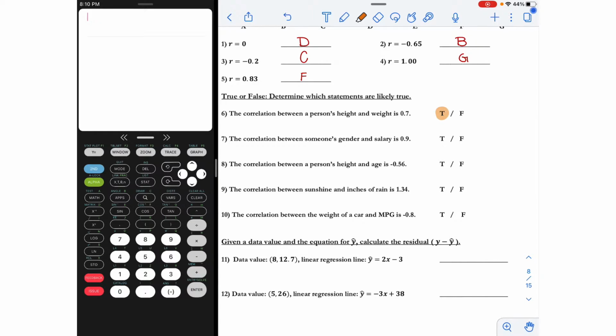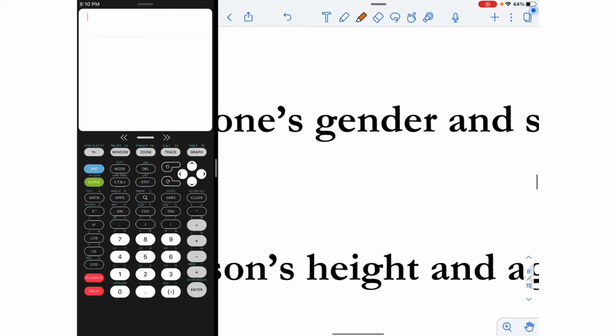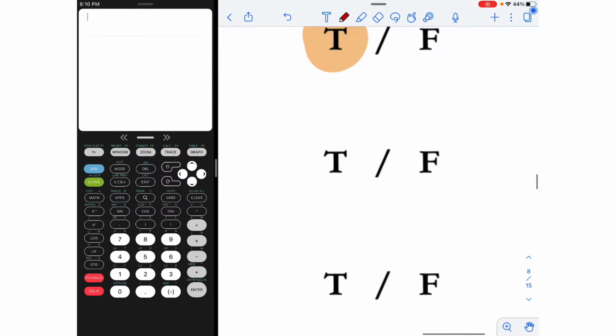Okay, I know that you may argue, I don't want to get into a gender gap discussion here. I understand that that exists, but in terms of statistics, we cannot measure an R value or a correlation with categorical data, and gender is going to be categorical data. So this is going to be false because gender is categorical.